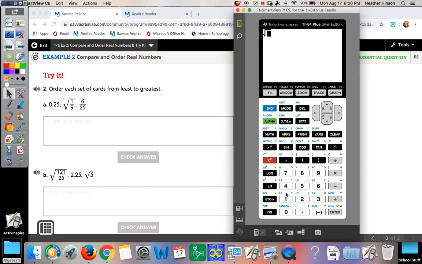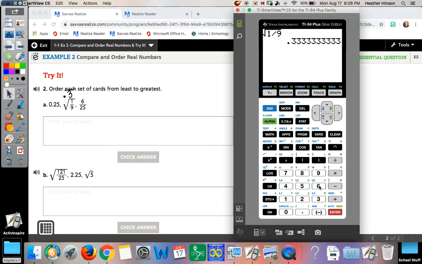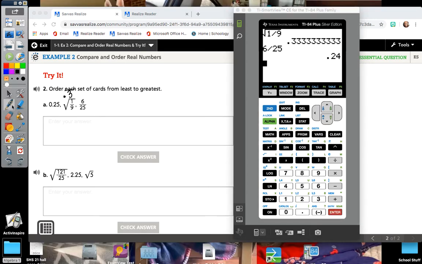And I want a decimal, so I'm just going to put 1 divided by 9 to get a decimal. So that's 0.333. I'm just going to write it over it. And then 6 over 25, we're just going to put 6 divided by 25. And that one's 0.24.